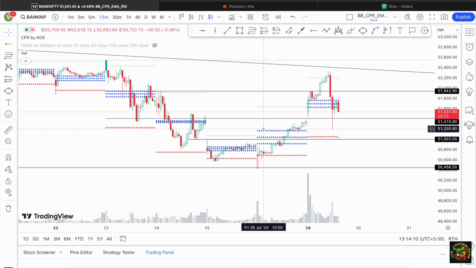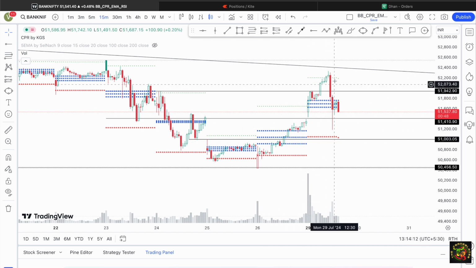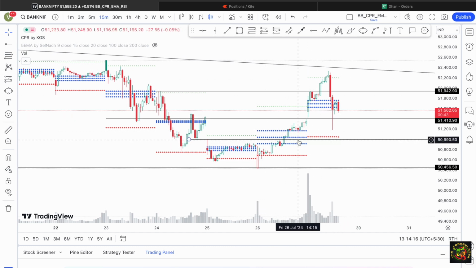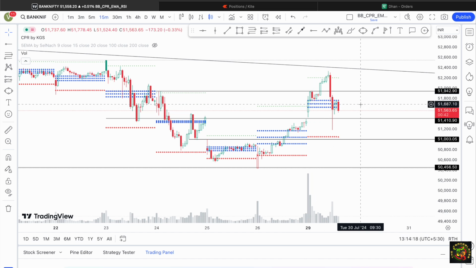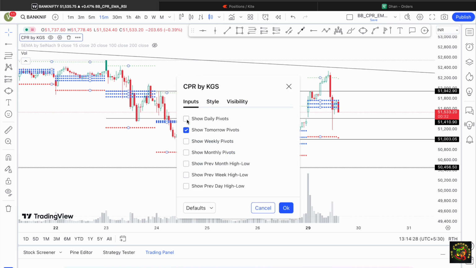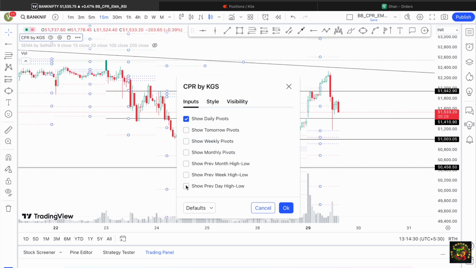This CPR is very wide, which indicates a sideways kind of day, but you can see this is a very good trending day today, both sides in fact.